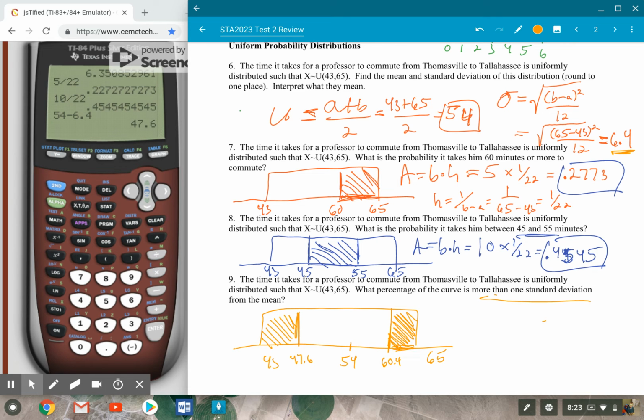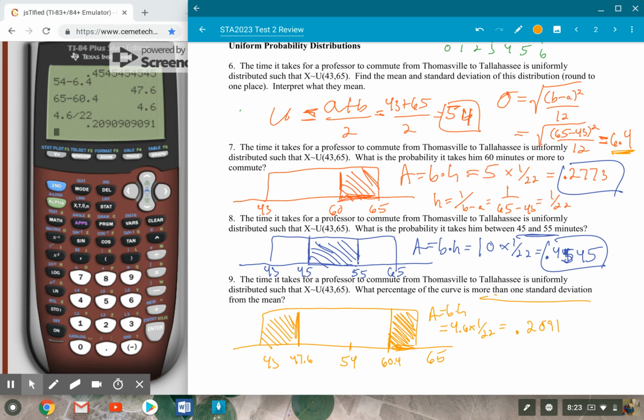So this area, base times height, its base from 60.4 to 65. So I could say 65 minus 60.4 gives me a base of 4.6. Height is a continuous 1 over 22. So 4.6 divided by 22 gives me 0.2091.